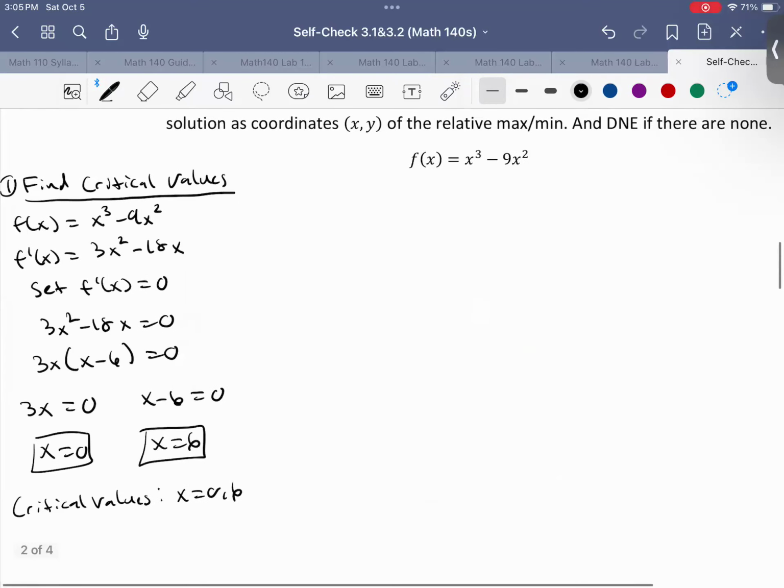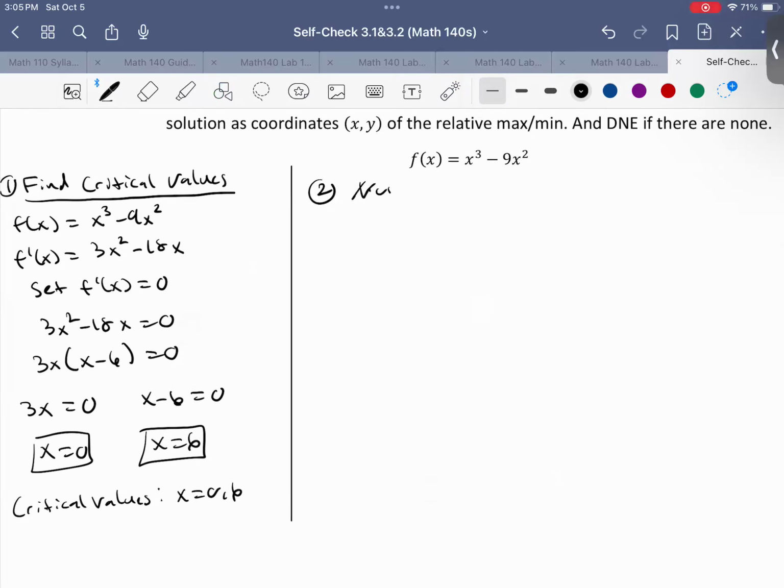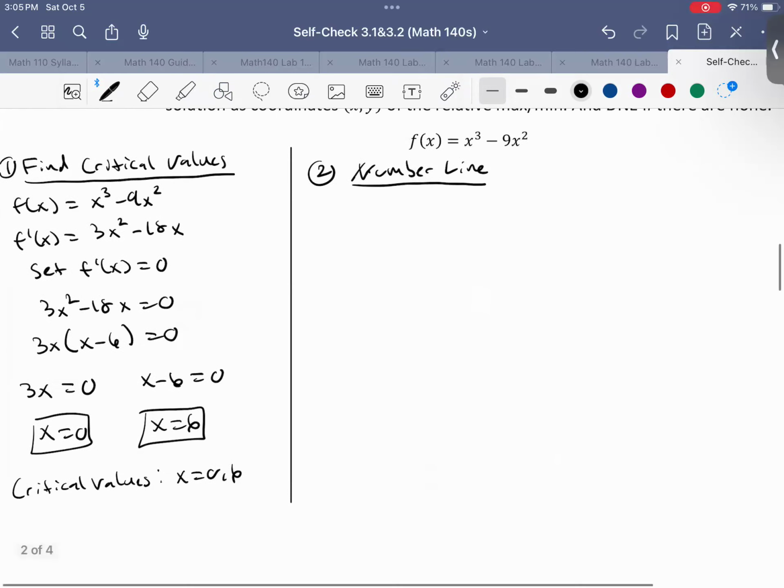Okay, so step 2 is that number line. So here we have a number line.